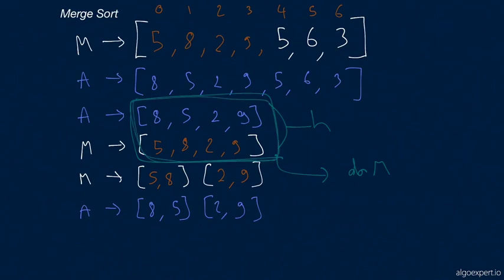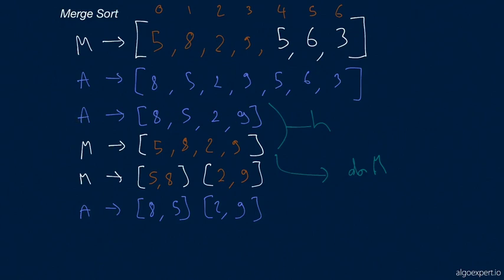So the way that that's going to happen now is this doMerge here is going to take as its main array, or as its top array, let me write it not in white, it's going to take the top array here in this helper method, which is our auxiliary array.